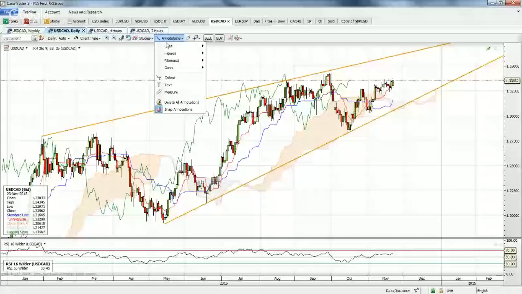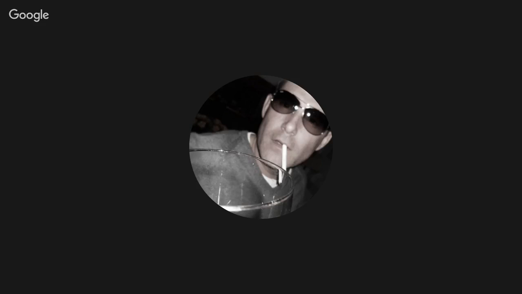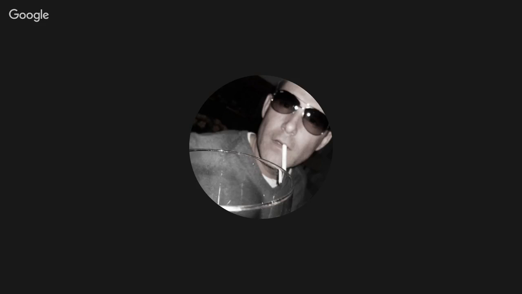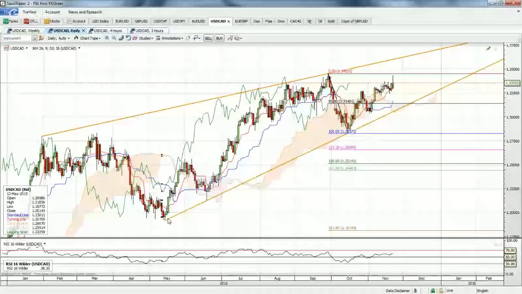But we haven't got anything at the moment that would suggest that we're seeing a top out. Using the extension tool, this is the wedge target, 120 the figure, and we've got the 261.8% extension level just underneath that.